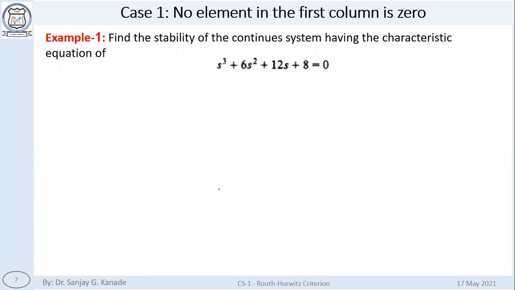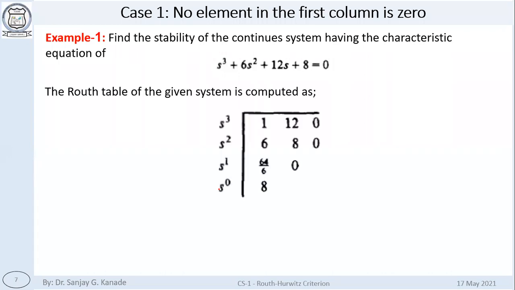This is an example system: s cube plus 6s square plus 12s plus 8 equal to 0. This is the characteristic equation. Remember, you should now be clear about the terms characteristic equation, transfer function denominator polynomial, or likewise, because these are the same things. So we have to create its Routh array, and that comes like this. Now how is it like this?